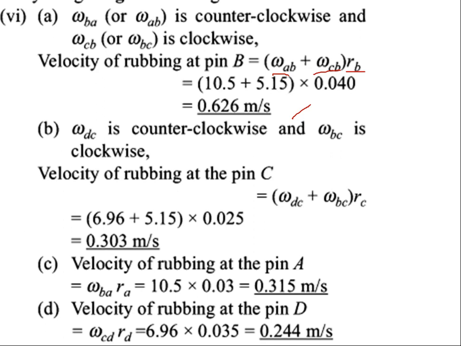So in this case RC is already given, 0.025. So omega DC plus omega BC, add it and then multiply with the RC value, so you get 0.303 meter per second. Then similarly the velocity of rubbing at points A and D can be found out individually. So it will be nothing but omega BA into RA, then omega CD into RD respectively. So you get these values, 0.315 and 0.244.